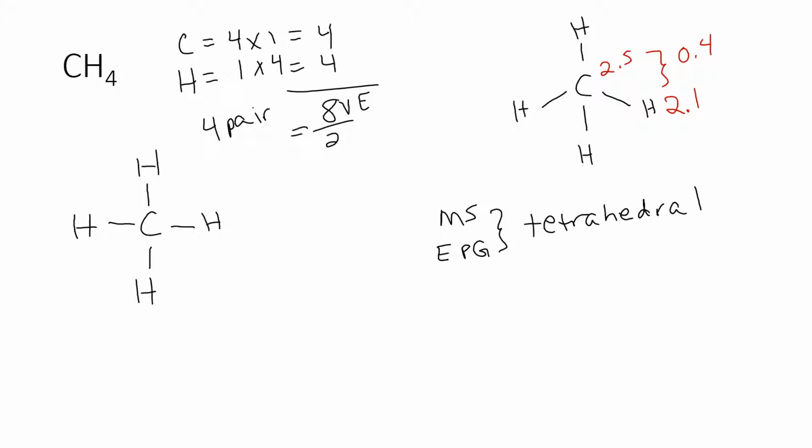So overall, CH4, carbon tetrahydride, is nonpolar. Okay, but I want to switch this up a little bit. What if we didn't have hydrogens here? What if these were fluorines?